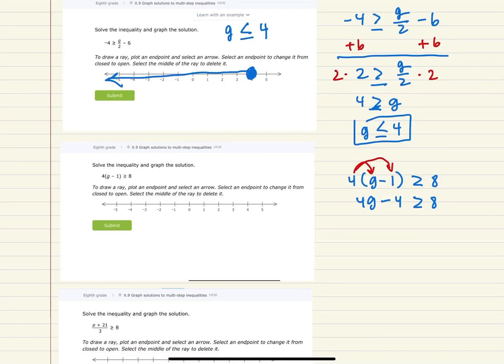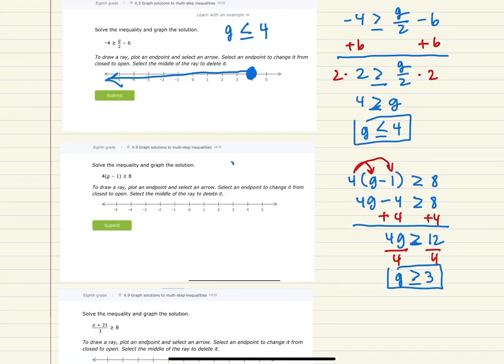Then we want to get rid of this 4, so we're going to do the opposite. We're going to add 4 to both sides. And we have that 4g is greater than or equal to 12. Then we're going to divide both sides by 4. And we get that g is greater than or equal to 3.